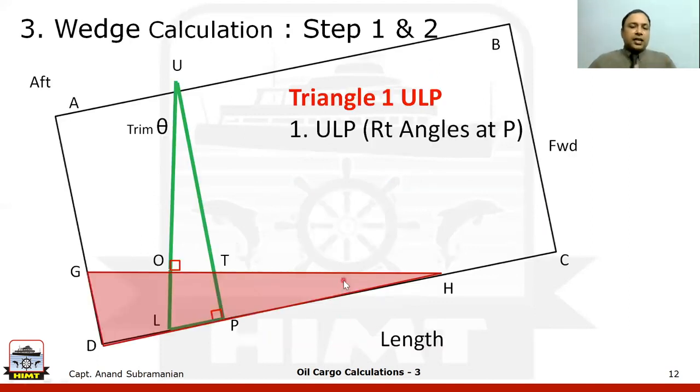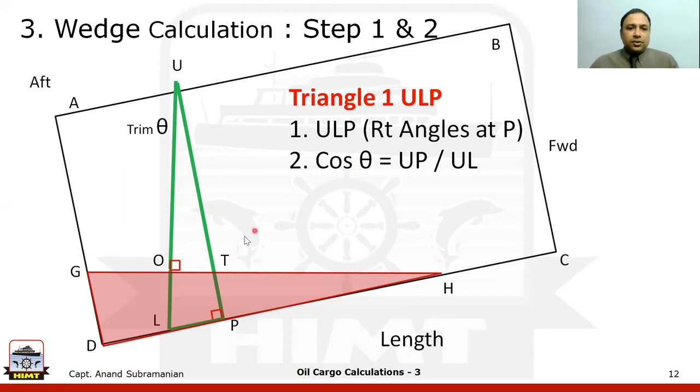Now we come to the wedge calculations in detail, steps number 1 and 2. In step number 1, we are going to go with this triangle ULP. Remember, what is given to us is OL, and that is all that is given to us. From the OL, we have to find out what is dH. So from the triangle ULP, which is right angled at P, this theta is the trim theta.